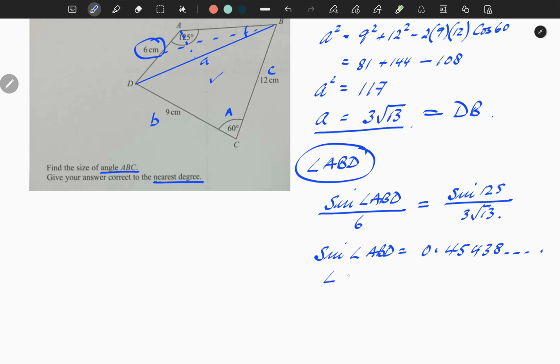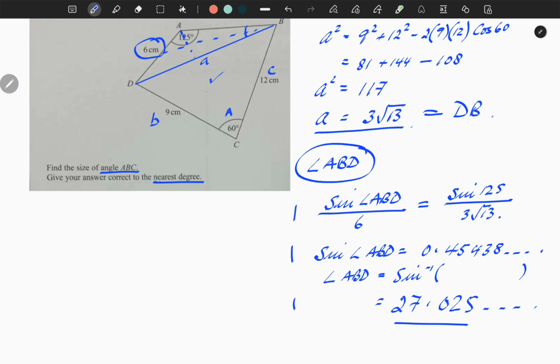Therefore, angle ABD is the inverse sine of all that, and that comes out to be 27.025, and so on. So that's the first bit of information we've got.